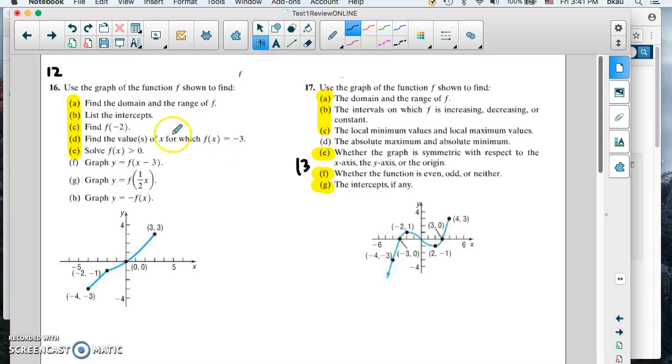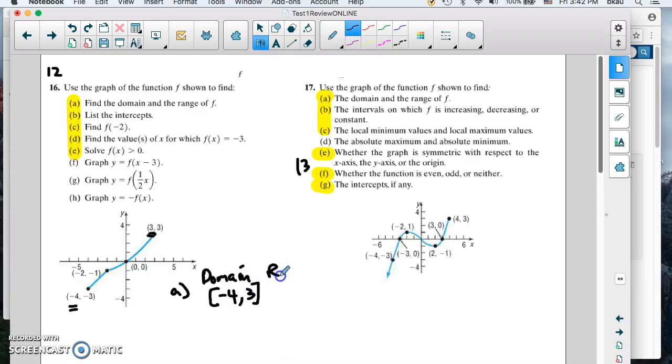So right now we're going to start with this problem 16. It says use a graph to find the domain and the range. Well, the domain for this function would be the x values. So we'd start at this value here and we'd end at this x value over here. So the domain on A, since the points are solid, would be a bracket from -4 to +3.